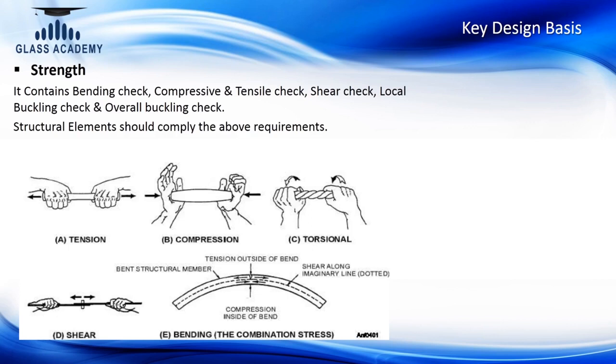Tension is a pulling force on the member. Compression is like a column design, where the struts are getting compressed. So in this case the slenderness factor is more critical.